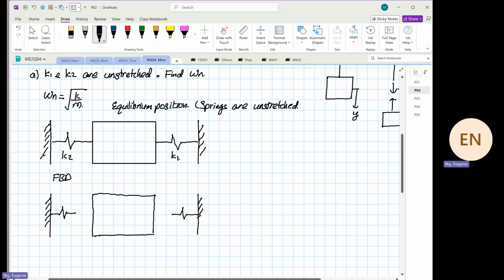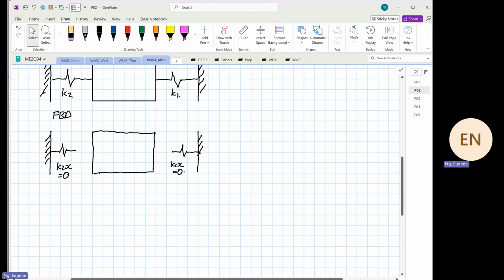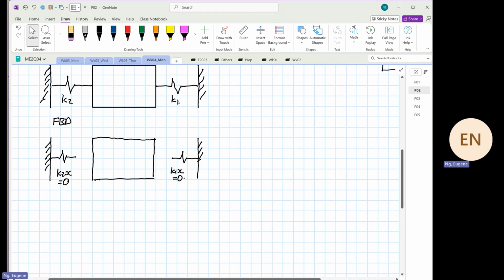Okay. So over here, when we draw our free body diagram, right? We know that K2 x, okay, is equal to 0. K1x is equal to 0. Okay. So 0 means what? There's no force at all. Are we clear? Okay. So the next part of the question say, what if now, right, we are going to move this.